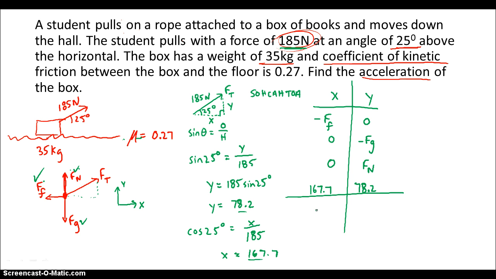Our next step is to add up all of these forces. The net force tells me the addition. In the x direction, all I did for both of these was add this plus this, so you could have written it the other way around.